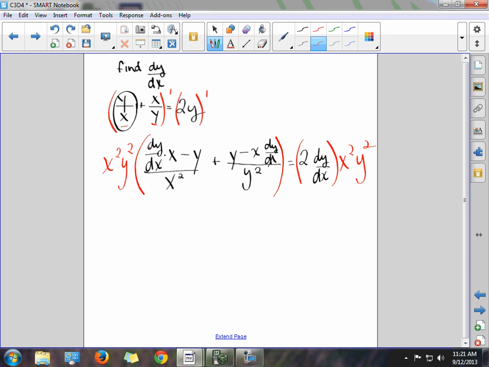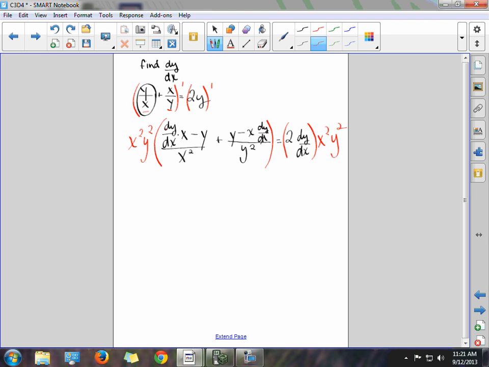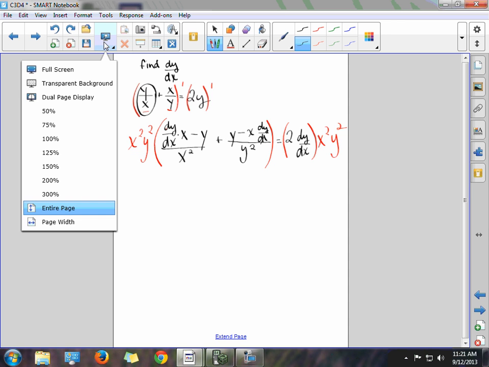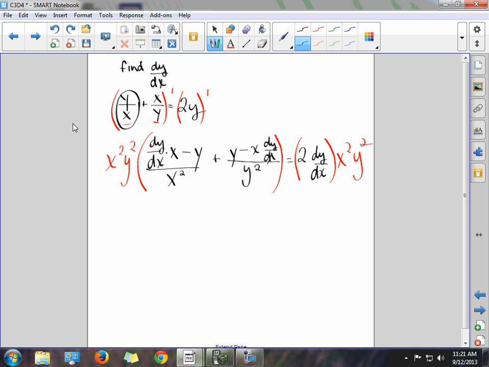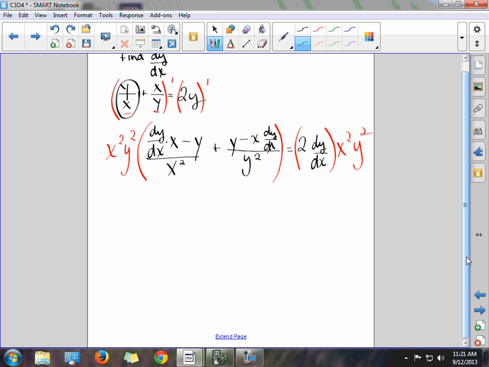Now, although you've done all your differentiation, you cannot stop here. You have to solve for dy dx, as complicated as it seems. So I've got to adjust my window a little bit. Okay, so when I multiply this through, the x squareds are going to cancel. And so I end up with y squared times my numerator.